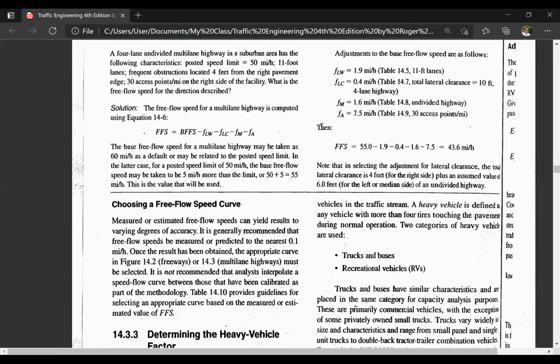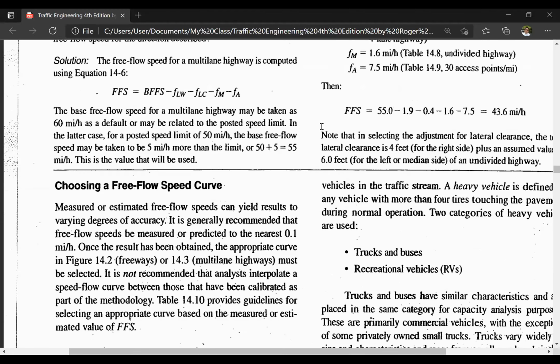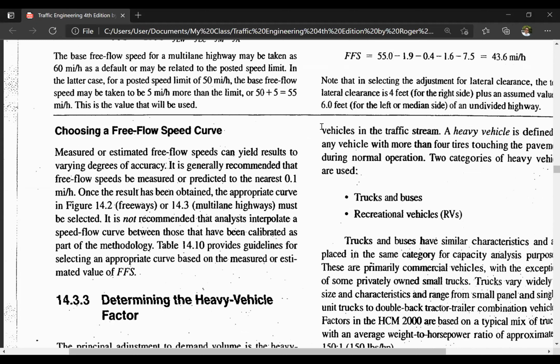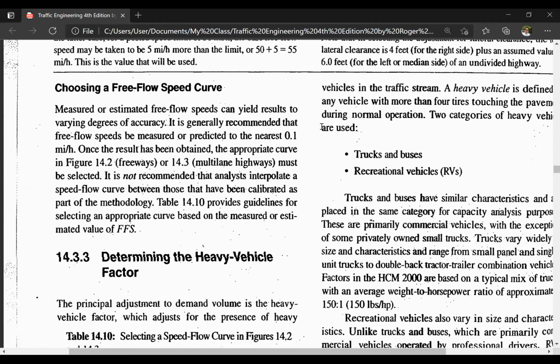Using a free flow speed curve. It says here, measured or estimated free flow speed can be used, with results varying in degree of accuracy. So it is generally recommended that free flow speed be measured or predicted to the nearest 0.1 mile per hour. Once the result is obtained, the appropriate curve in figure 14.2 or 14.3 must be selected.